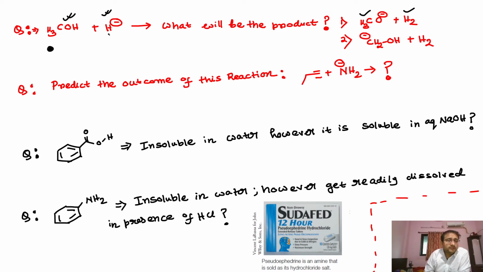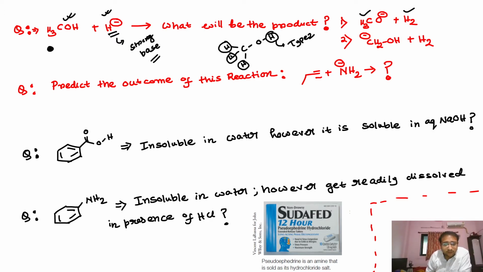As you know, the hydride ion is a very strong base, and to predict the product of that reaction, you have to understand which hydrogen is more acidic. If you see the structure of CH3OH, there are basically two types of hydrogen. This one is type 1, directly bonded to the carbon atom, and this hydrogen is type 2.